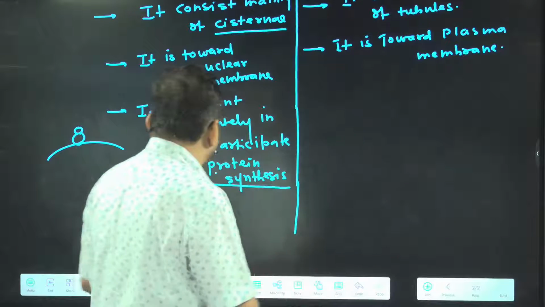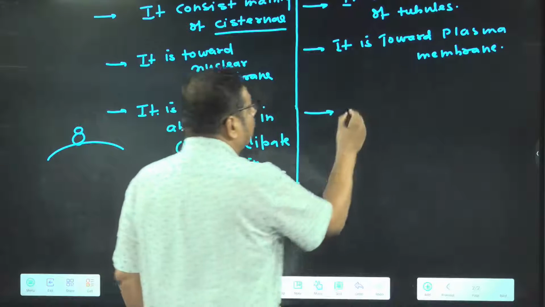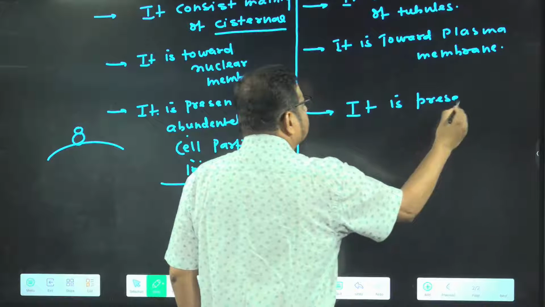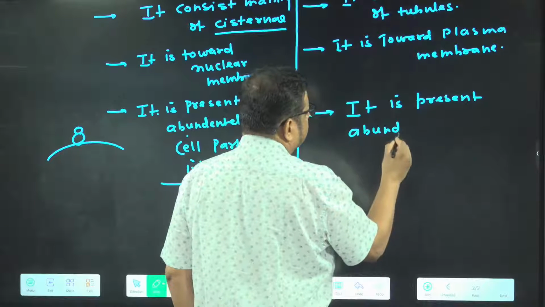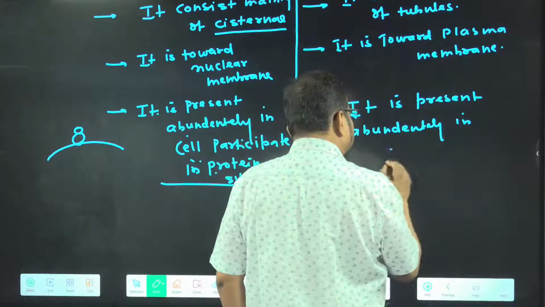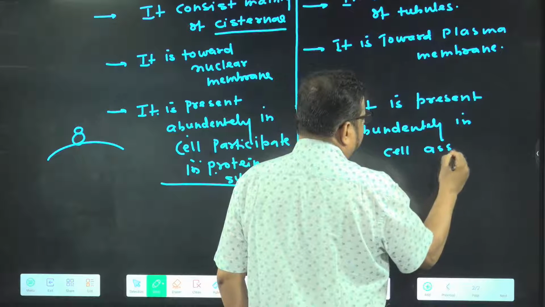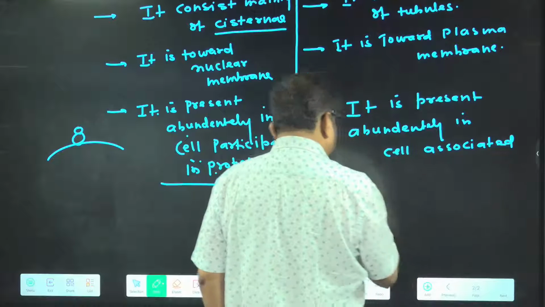Now, if we talk about the SER, smooth endoplasmic reticulum, it is present abundantly in cells associated with lipid synthesis.